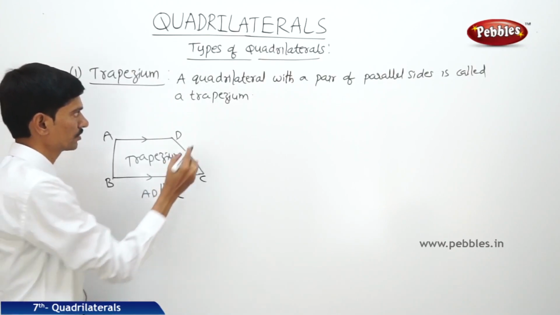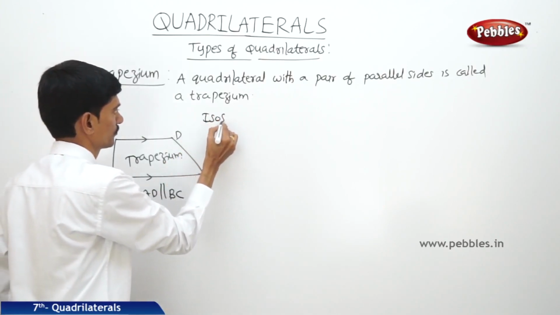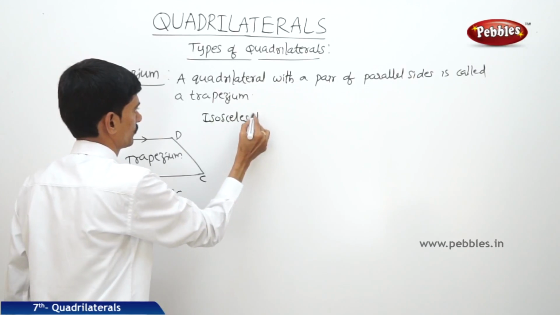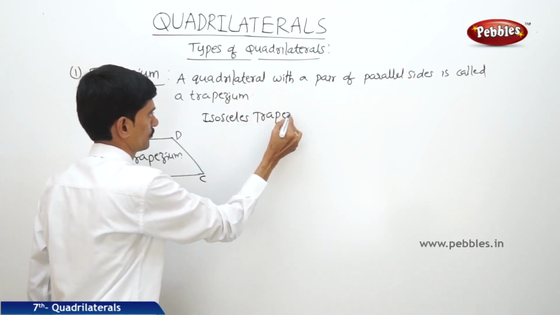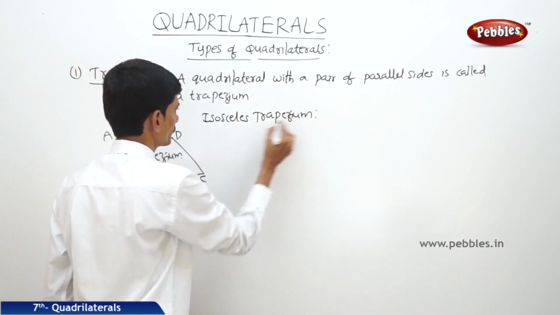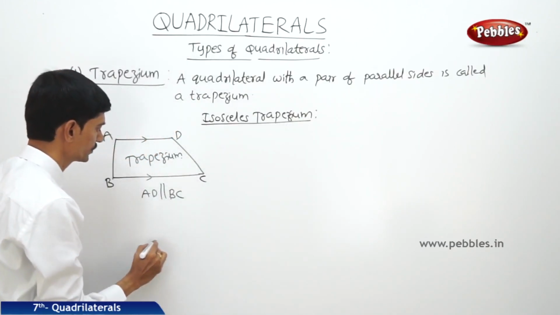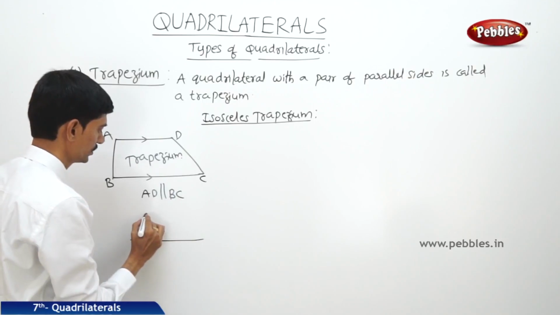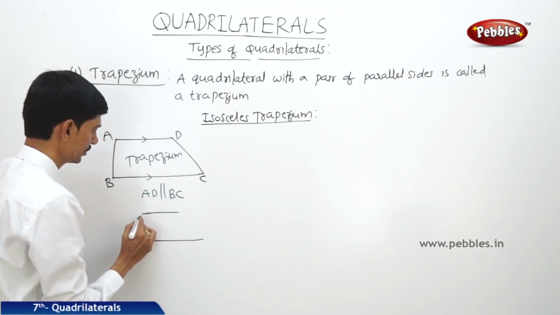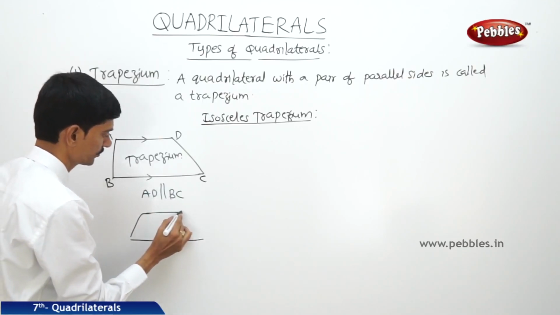Now what is the isosceles trapezium? If the non-parallel sides of a trapezium are of equal length, such trapezium is called an isosceles trapezium.